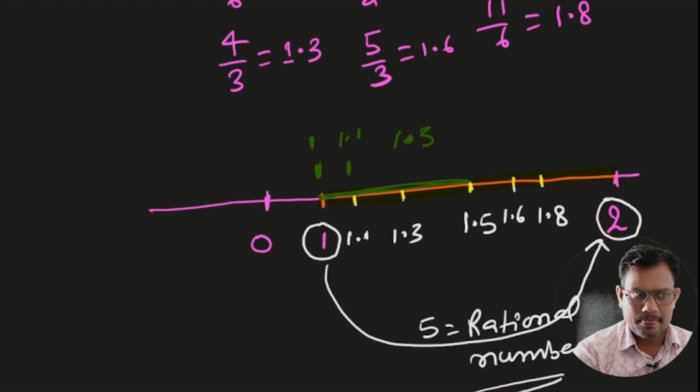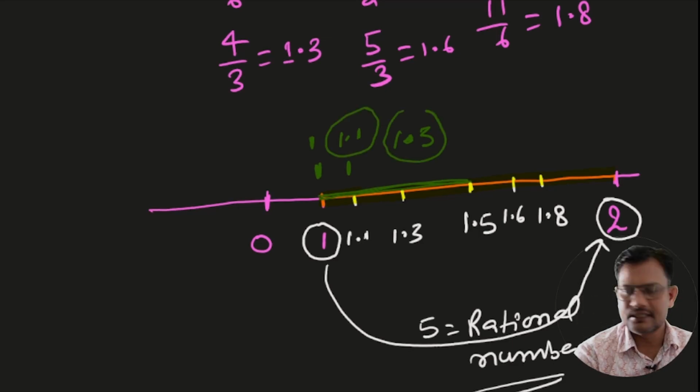In the gap between 1.1 and 1.3 we have 1.2. That means 1.2 is also a rational number, right?